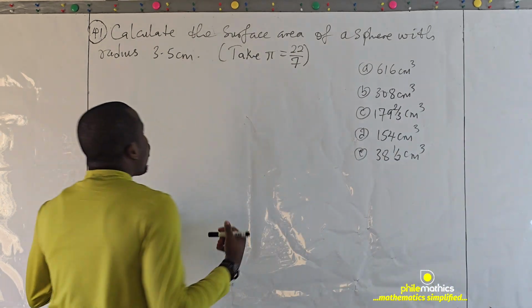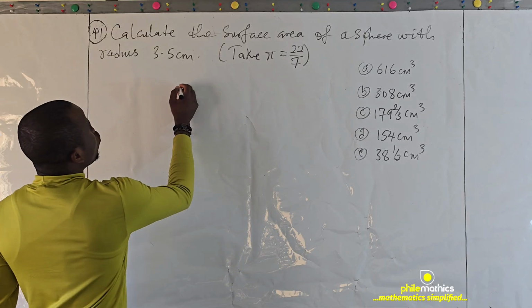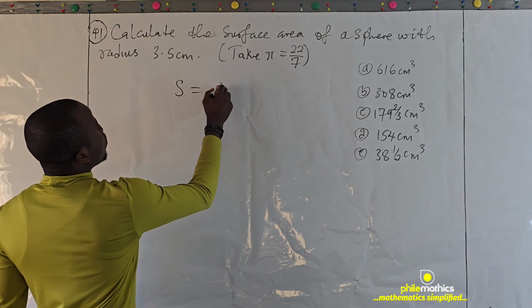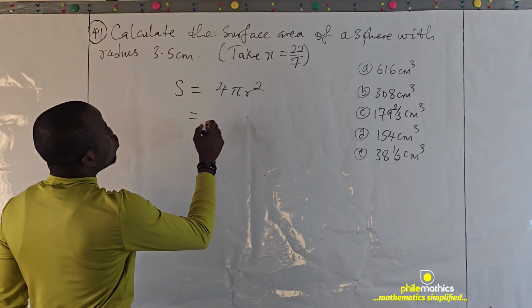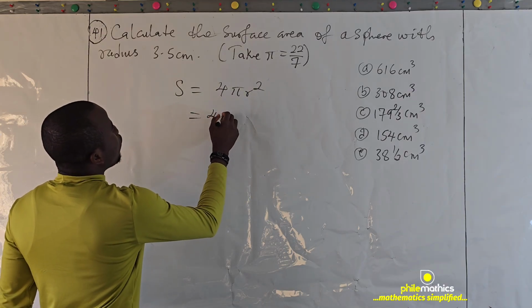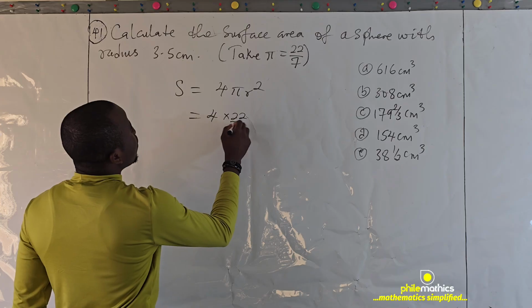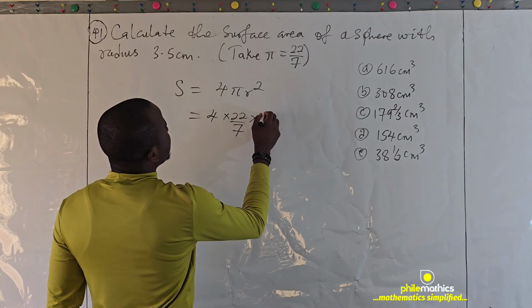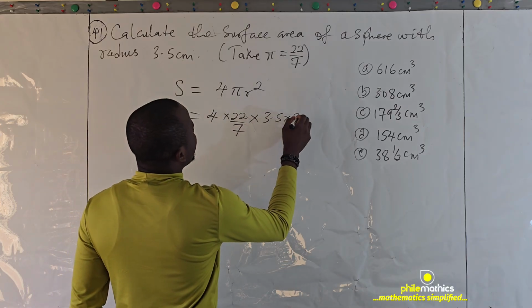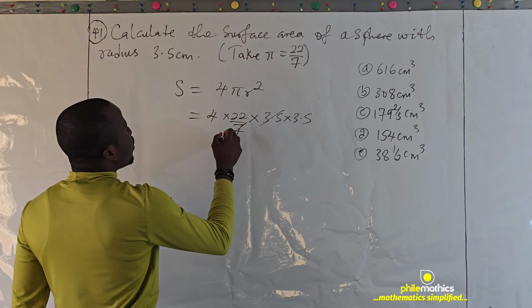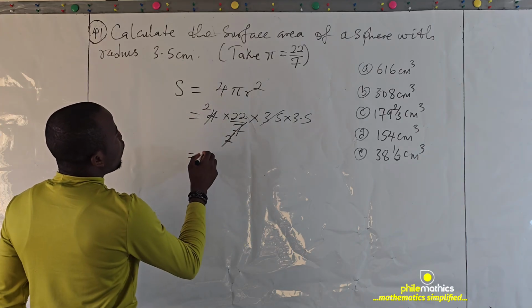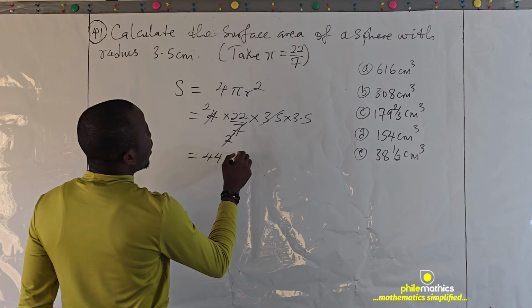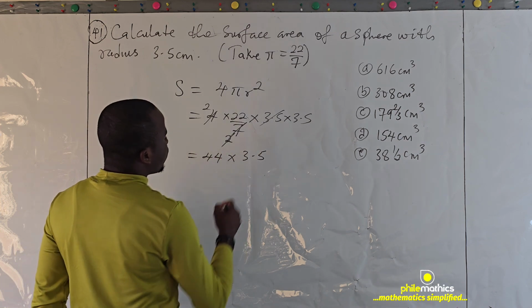We are asked to calculate the surface area of a sphere with radius 3.5. It's just for you to recall the formula. Surface area of a sphere is 4 pi r squared. And so you substitute your pi and r: 4 times 22 over 7 times 3.5 times 3.5. 7 and 3.5 here is 2. 2 here is 2. So we have 44 times 3.5.